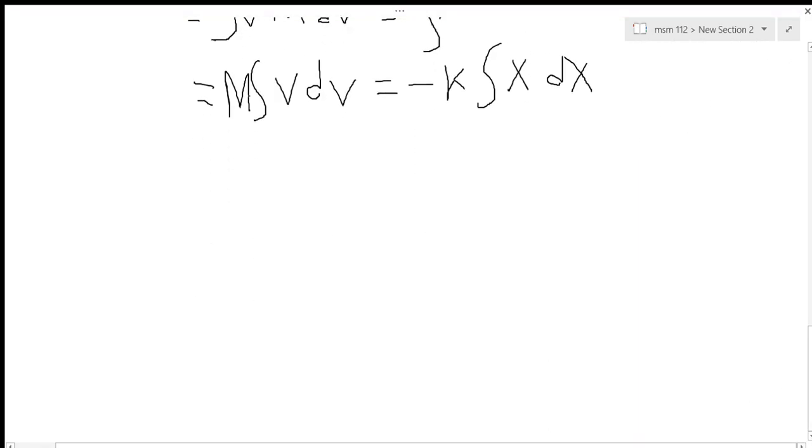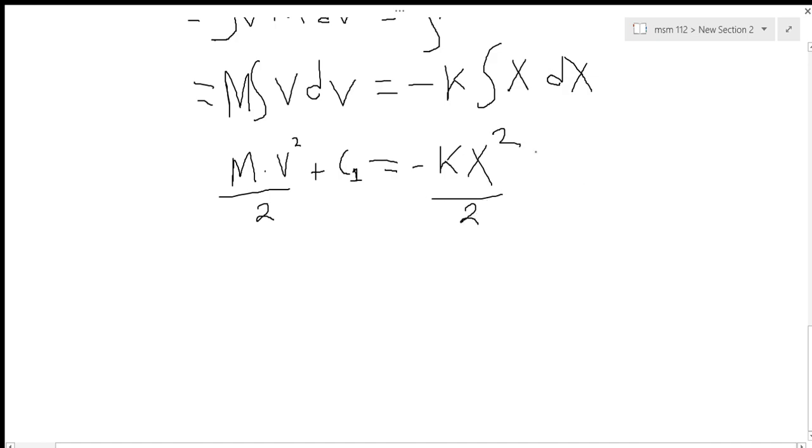Then doing this, the integral of this will give us m times v squared over 2 plus some constant which I will name as C1, is equal to negative k x squared over 2 plus C2, like this.